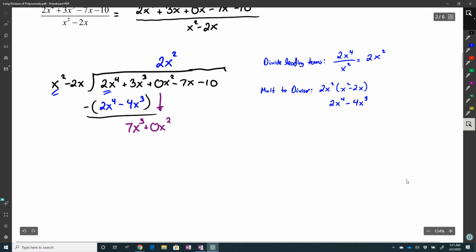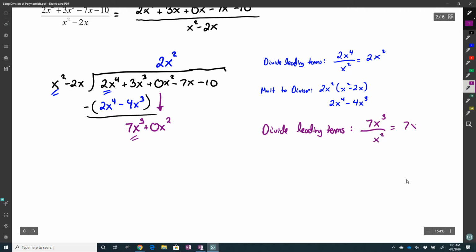Okay. So the next step, again, same thing. Divide leading terms. So now my leading term is 7x cubed divided by x squared. Well, that's just 7x.